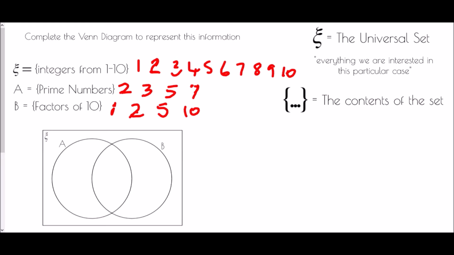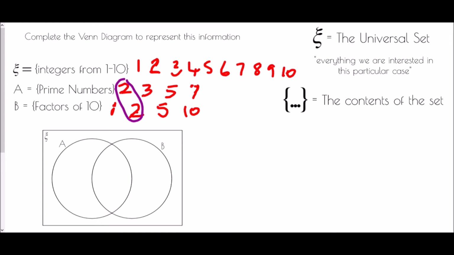So now that we know what the contents of each group is, it comes to the actual Venn diagram itself. The Venn diagram shows us a collection of sets, and they have an overlap. The overlap means members of both groups. If we have a look at our set A and our set B, the number 2 is in both lists.